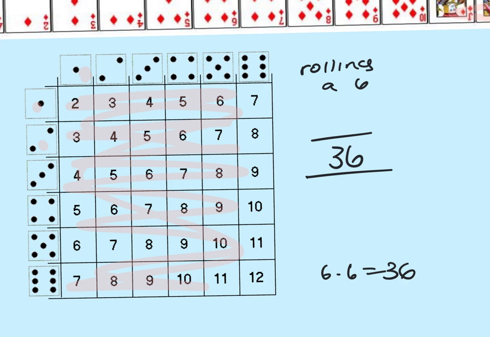So my total is going to be 36. If I counted these boxes, it's 36. How many of these boxes have a 6 on them? 5. So the probability of rolling a 6 is 5 out of 36. The probability of rolling a 7 is 6 out of 36 or 1/6. So that's where this little box will come in handy instead of having to literally figure out your combinations.